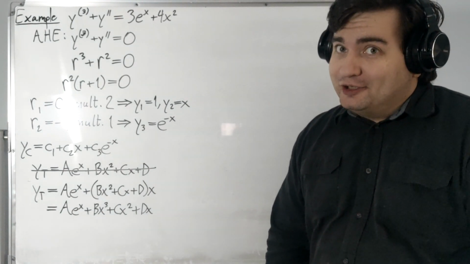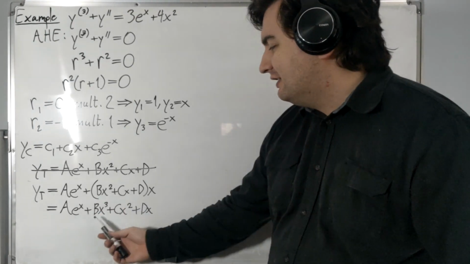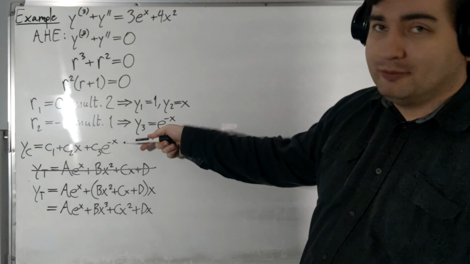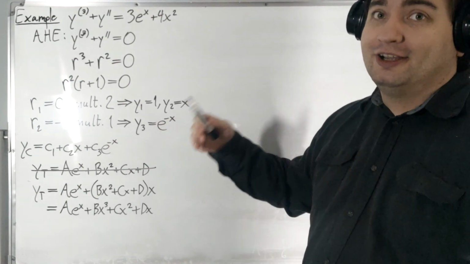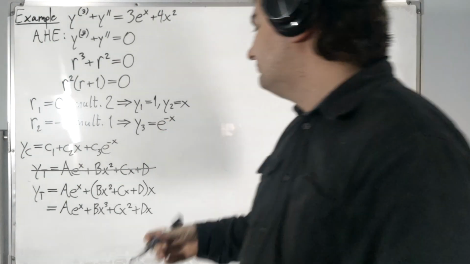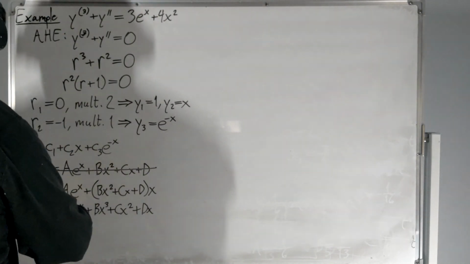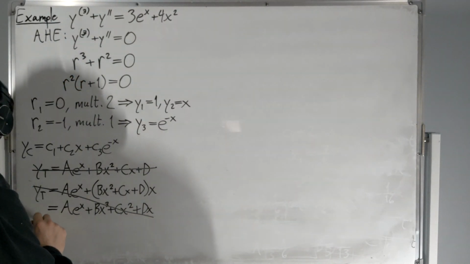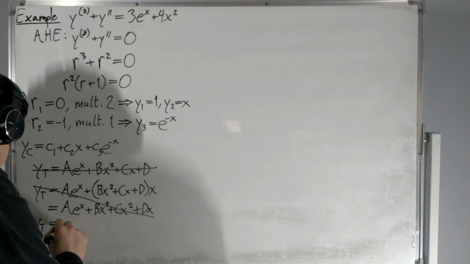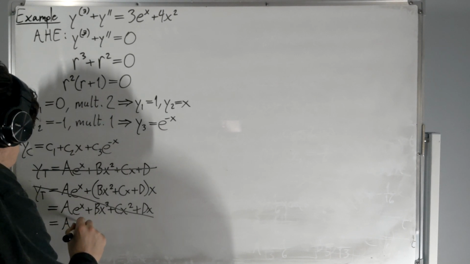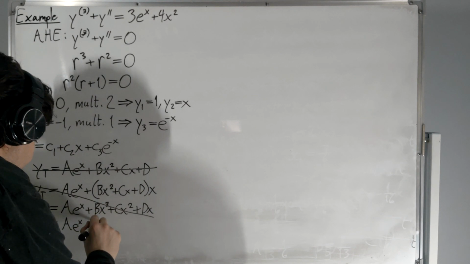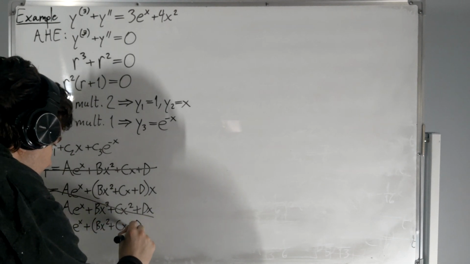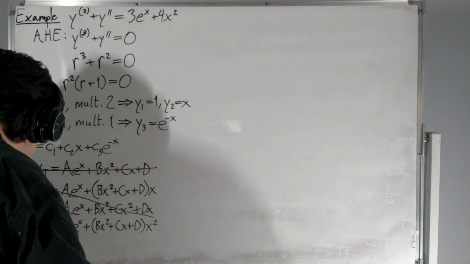We've still got duplication, because if you set a, b, and c to be 0, you get dx, which is part of the complementary solution. So once again, you cross it out, and you multiply another factor of x by the polynomial part. So ae to the x plus bx squared plus cx plus d times x squared.